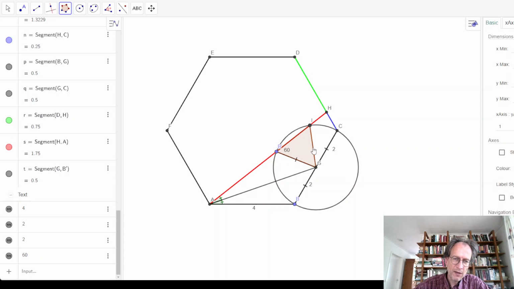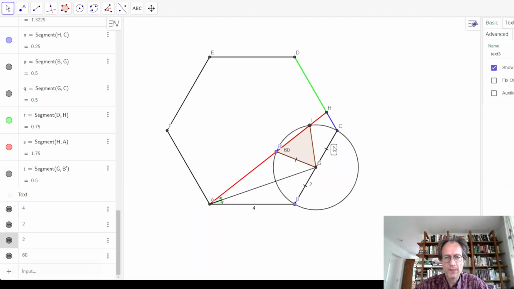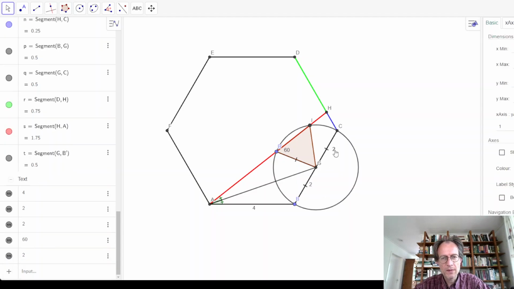Yeah, so we have here 2, we have here 2, and because of the 60 degrees, all angles are 60 degrees. So this is also 2. So let's put that: the 2 is also over here.